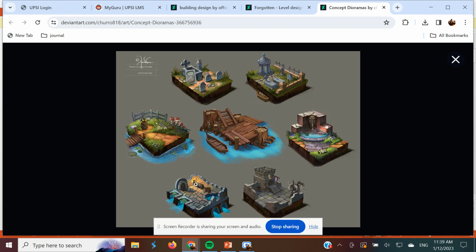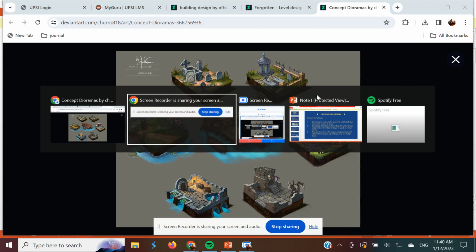Usually you have a castle where the user can explore inside. This is the place where the king rules and lives. So this is an example of the castle. So basically you have this kind of special interaction place when you are developing your game level design.